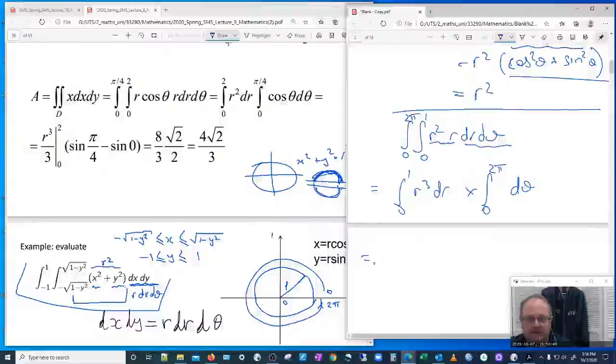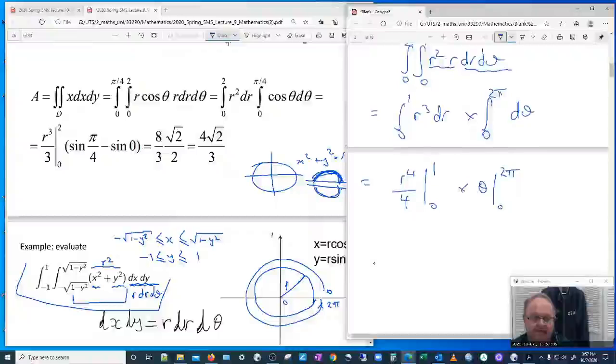So in this regard, we've now done our transformation and moved all of our parts over, and how good are these? Okay, so now it's up and under, so we get r to the 4 over 4, I forgot to do that last time. Okay, and then we've got our, what are we conjuring here? We've got theta, haven't we, between 0 and 2 pi. So that's just a straight substitution in numbers.